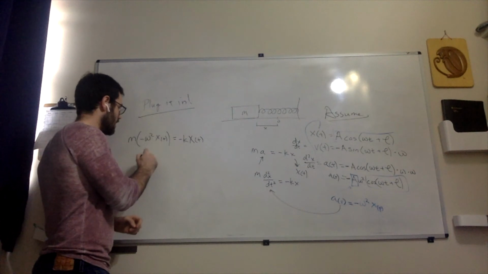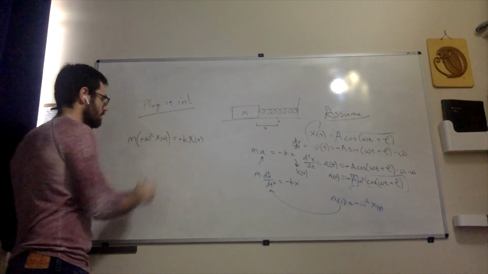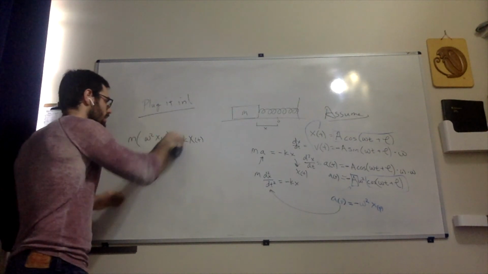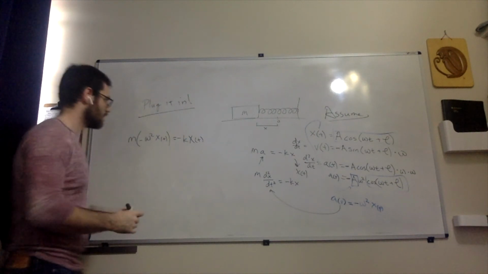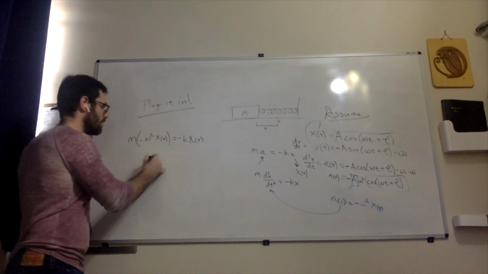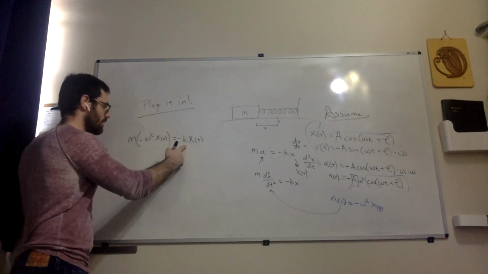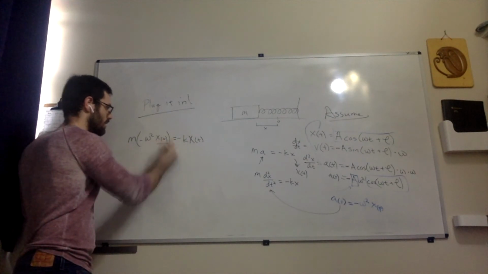So what I get is that the negatives cancel out. And let me do this on a different line so that I don't confuse any of you with my algebra. Okay, so I'm going to divide both sides by m, and I'm going to take out the negative, and then I'm going to take out the x of t.